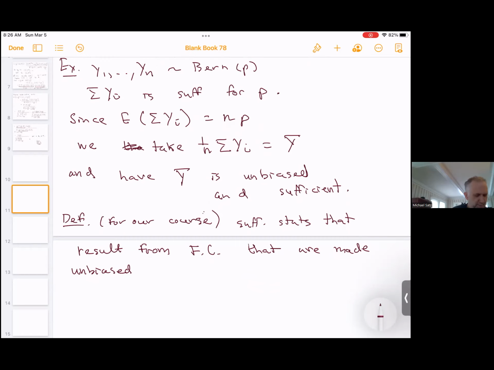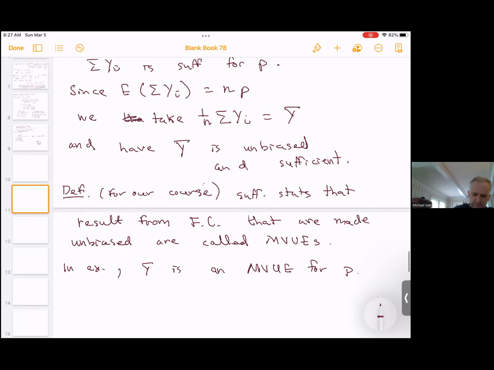I probably could have written that in a better sentence. So that stands for minimum variance unbiased estimators. So in this case, in the example above, y bar is an MVUE for P. Let's do another one. Here we can do two more examples.